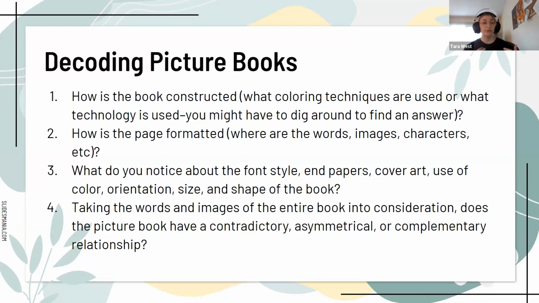How might the binding be created, because there are different types of binding. Most stuff is used with kind of book super glue. But if you're looking at older picture books, there's a difference in quality and in the way that things were produced.